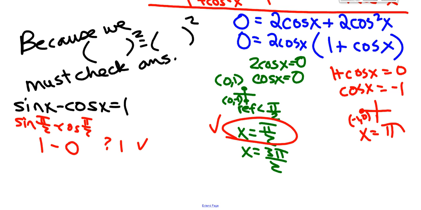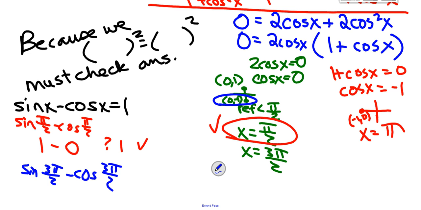The next one I'll check is sine 3 pi over 2 minus cosine 3 pi over 2. And I actually have these values right on here. So that's cosine, sine. So the sine of 3 pi over 2 is negative 1 minus the cosine of 3 pi over 2, which is 0.